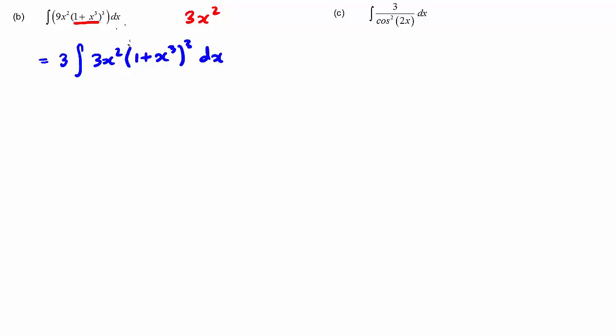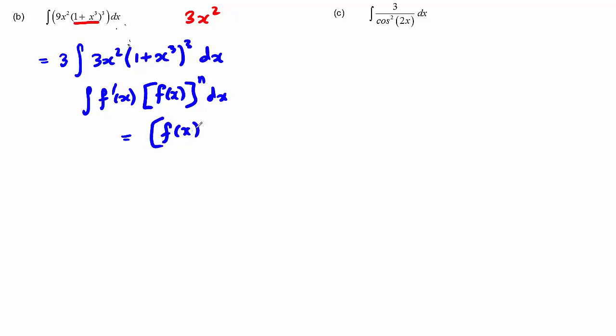then we have something that is exactly of the form the integral of f dashed x, f of x to the n dx. And when we have something like that, it always integrates to f of x to the n plus 1 over n plus 1, plus of course a constant.